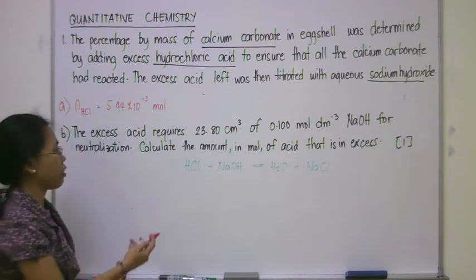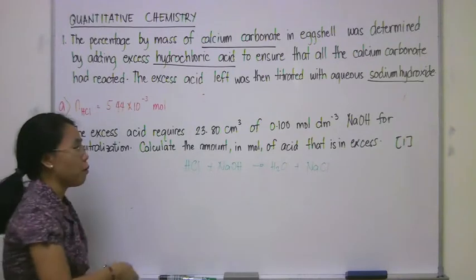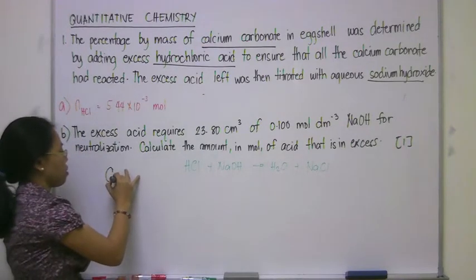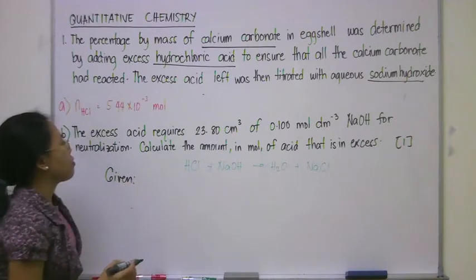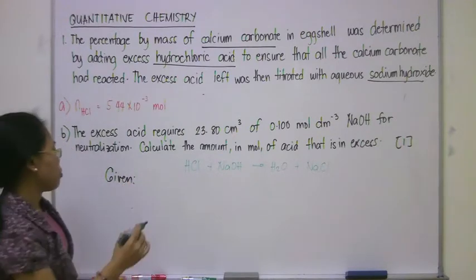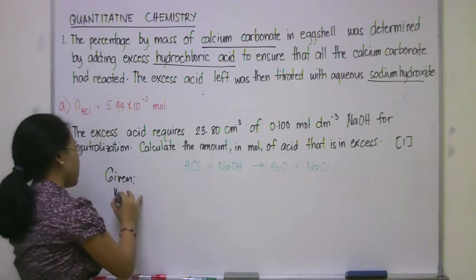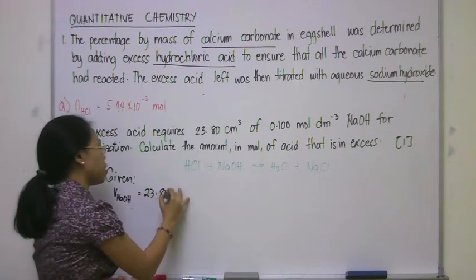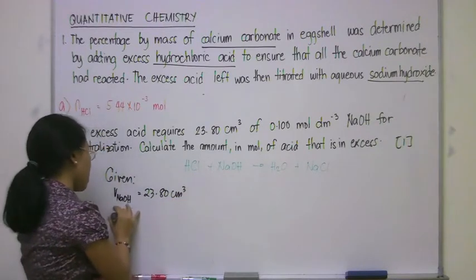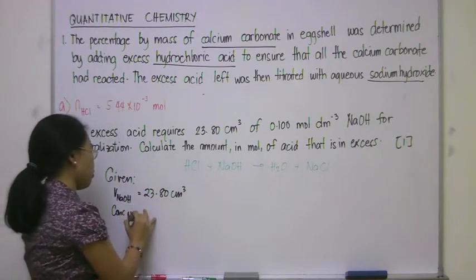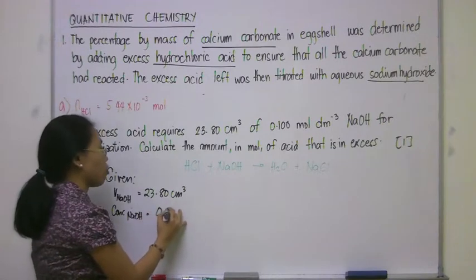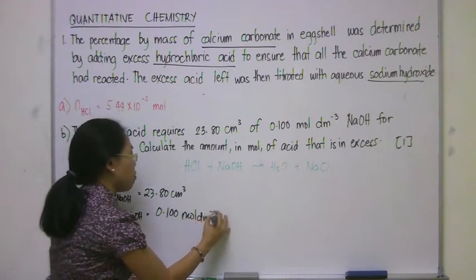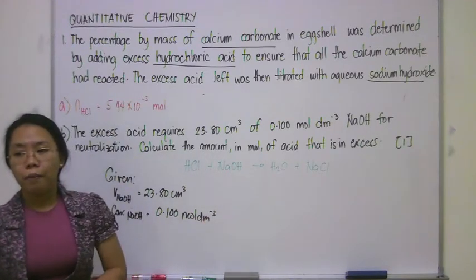Okay, so based on the given values, we have the volume of sodium hydroxide, which is 23.80 cubic centimeter, and we also have the concentration of sodium hydroxide, which is 0.10 mole per dm cube.